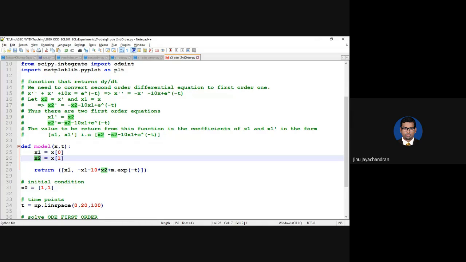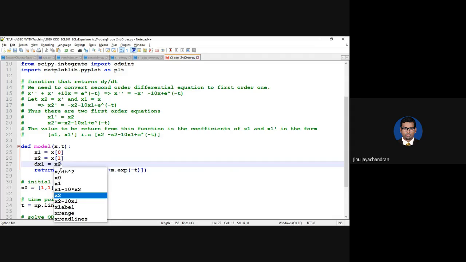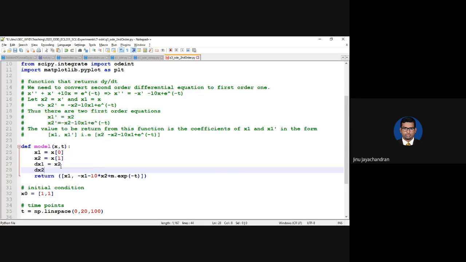So I can write this as, let me write dx1 is equal to x2 and dx2 is equal to minus x2 minus 10 into x1, sorry, not 2, 10 into x1 plus np dot exponential of minus t.